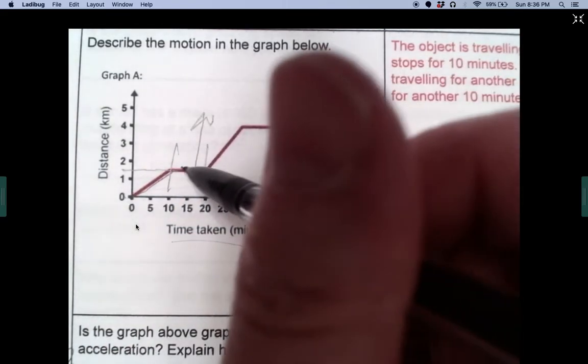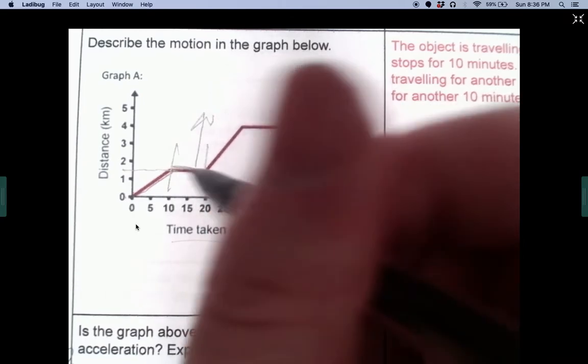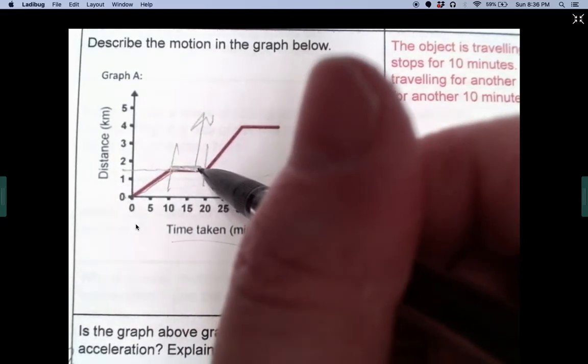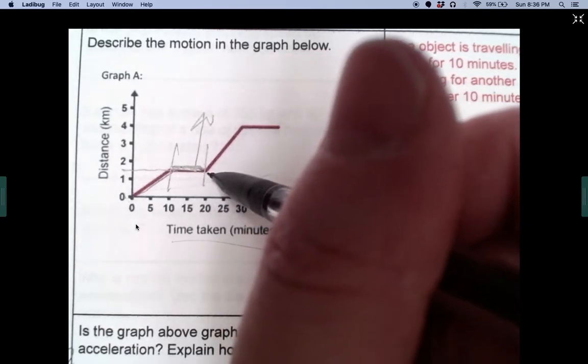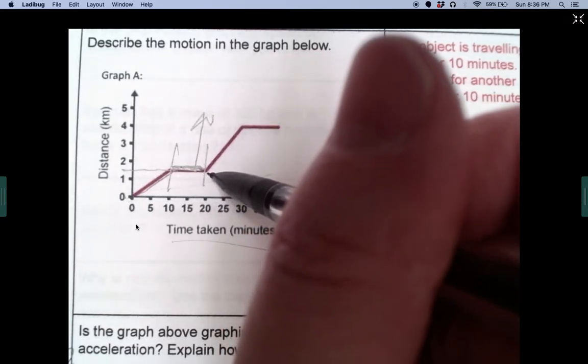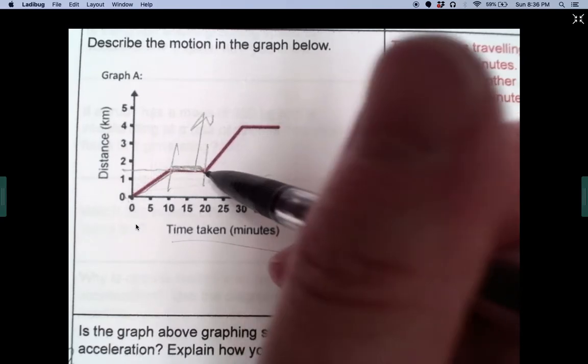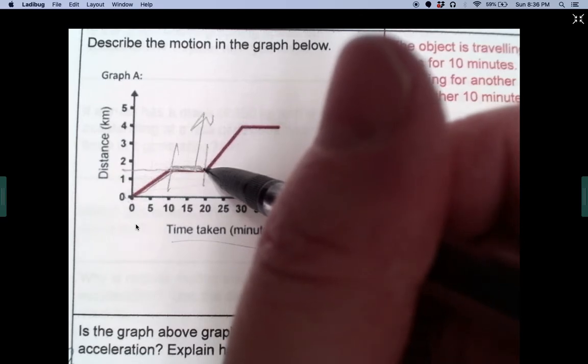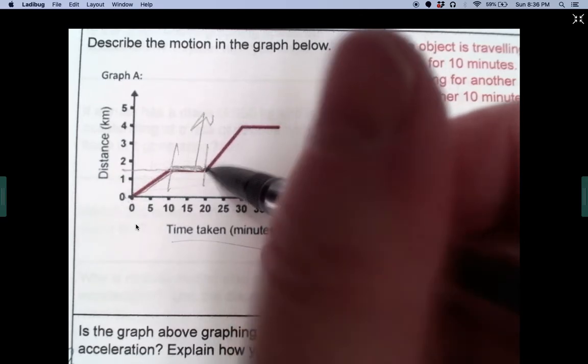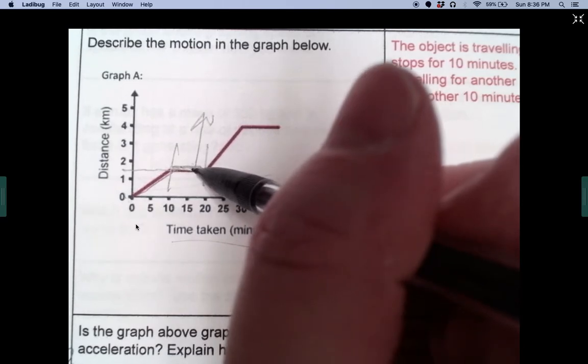My distance is maintaining. If I'm maintaining my distance but time goes, I am stopped. Maybe I am stopped at a stoplight, or at a stop sign, or maybe I am waiting in the car to pick up my son from football practice. My distance has not changed.